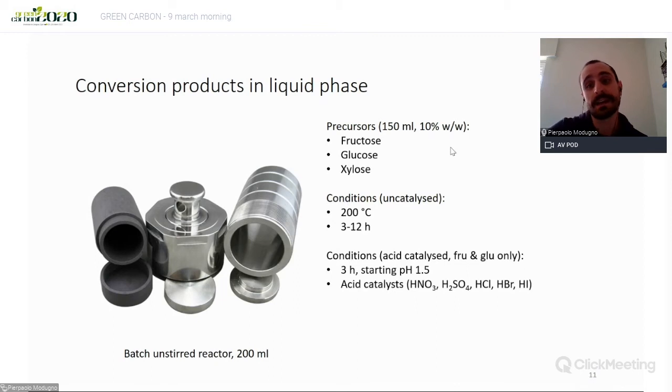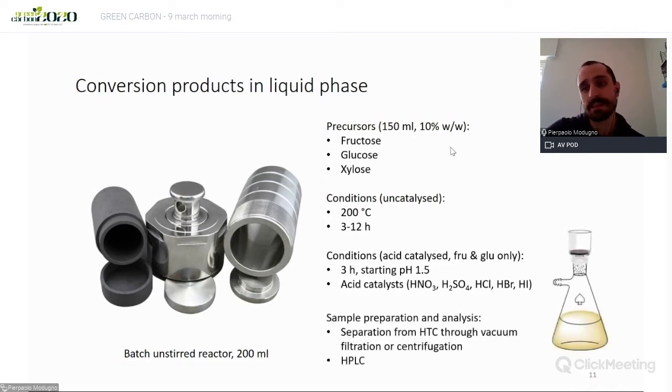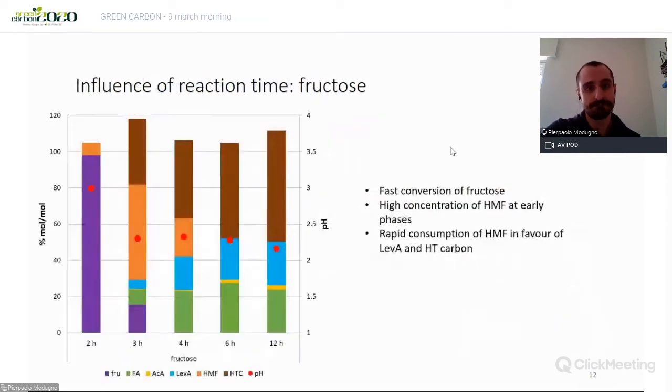The conditions in the acid-catalyzed reactions were 3 hours with a starting pH of 1.5, and we used as acid catalysts nitric acid, sulfuric acid, hydrochloric, hydrobromic, and hydroiodic acid. The sample was prepared by filtration or centrifugation, and then the liquid phase was analyzed through HPLC.